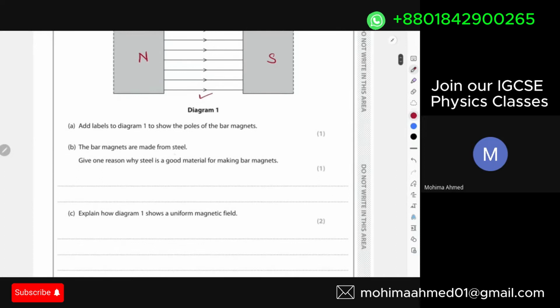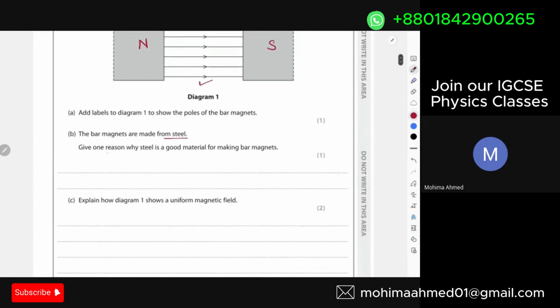Then the bar magnets are made from steel. Give one reason why steel is a good material for making bar magnets. Because steel is a magnetically hard material. Okay, there are two types of material. Not exactly two types. These are mostly known as electromagnet stuff.